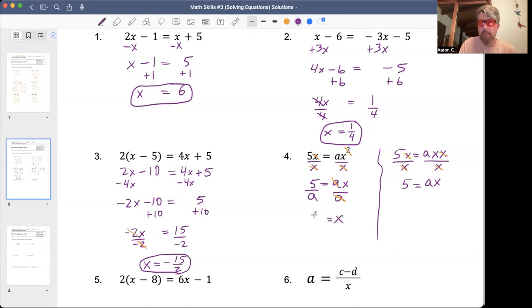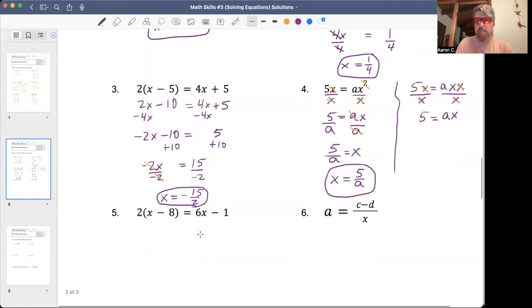And I have 5 over a on the left. So that's actually my answer. I can just leave it that way, or I could write it the other way with the variable on the left, which is kind of nice. 5 over a. So either way is fine. This is kind of the way we're taught to do, is to write the variable on the left.